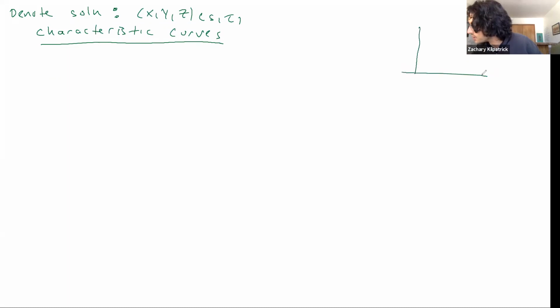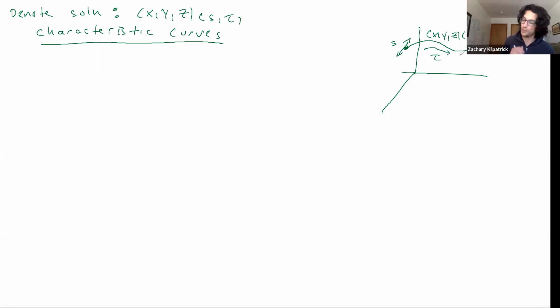So this would be one particular characteristic curve, okay, given by x, y, z of s, tau. This is my s-axis here, and this is the flow of tau forward, tracing out this characteristic curve, okay?